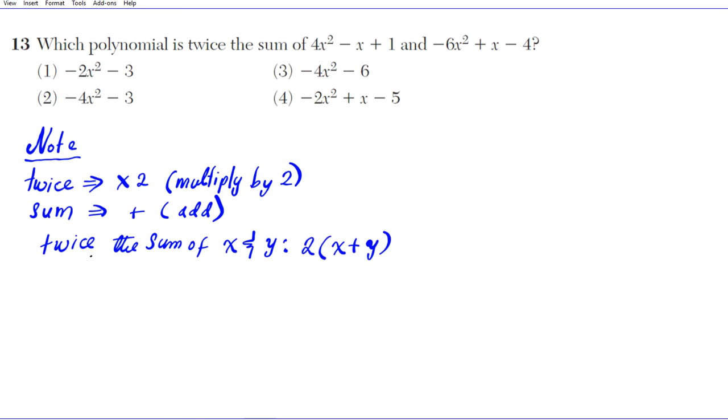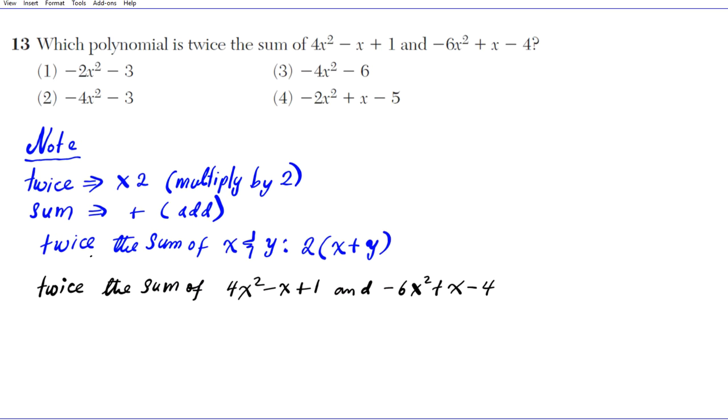Let's extend that to this problem. We want to write the expression for twice the sum of 4x squared minus x plus 1 and negative 6x squared plus x minus 4.